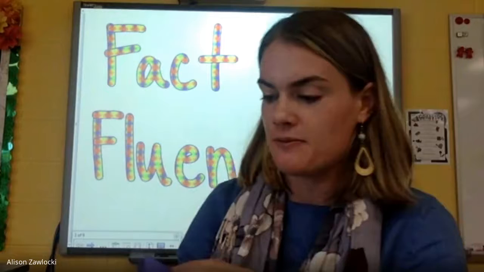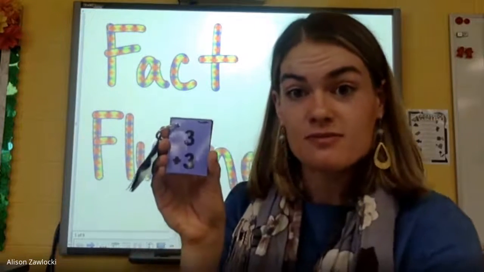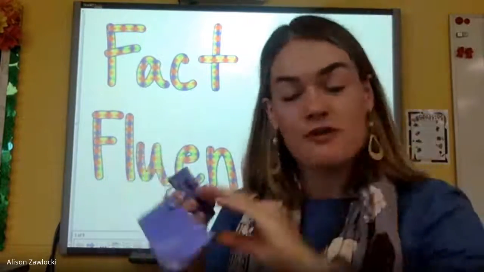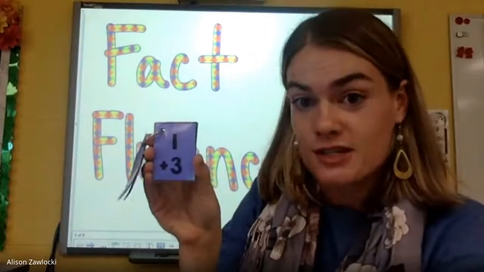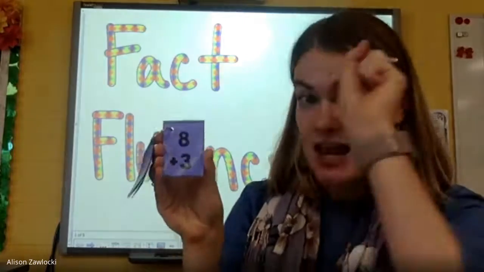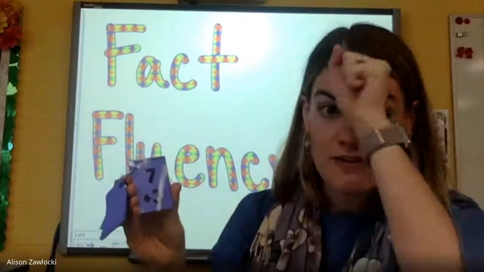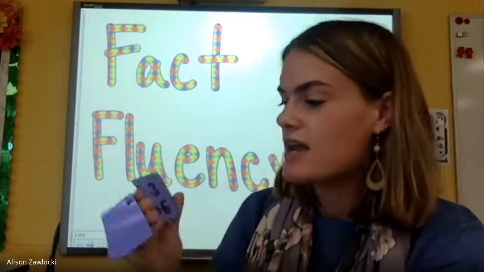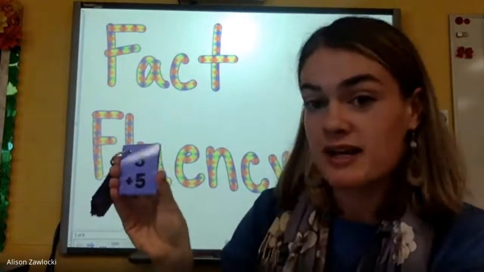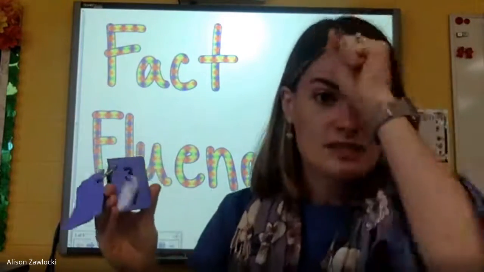Let's do our 3's now. 3 plus 3, 6. 9 plus 3, 9, 10, 11, 12, 12. 1 plus 3, 4. 8 plus 3, 8, 9, 10, 11, 11. 7 plus 3, 7, 8, 9, 10, 10. 3 plus 6, 9. 3 plus 5, 8. 3 plus 7, 7, 8, 9, 10.